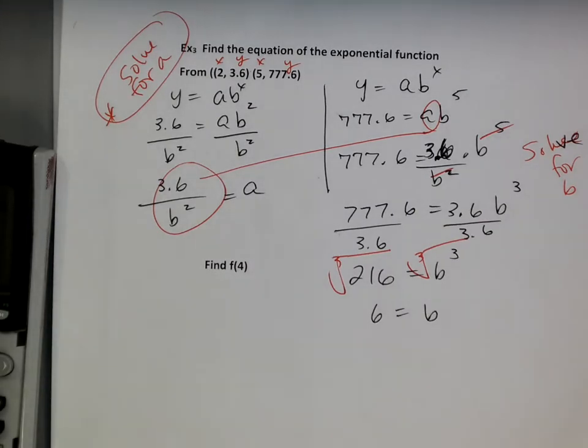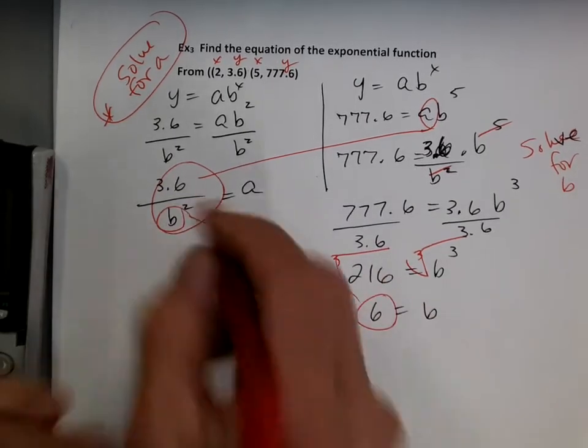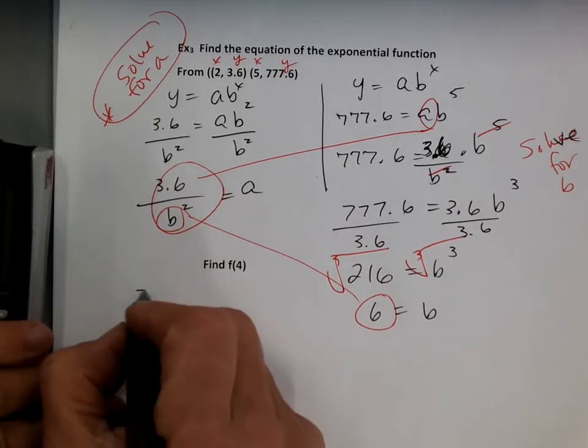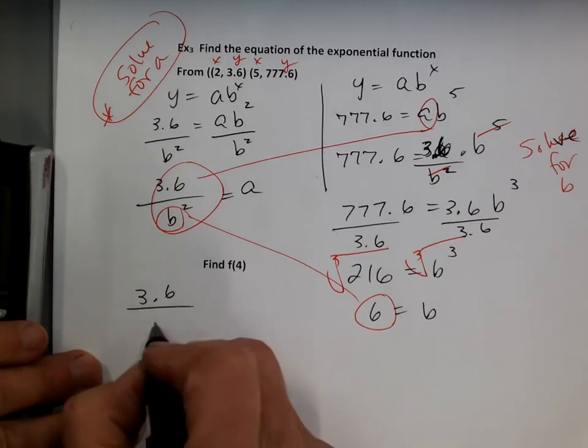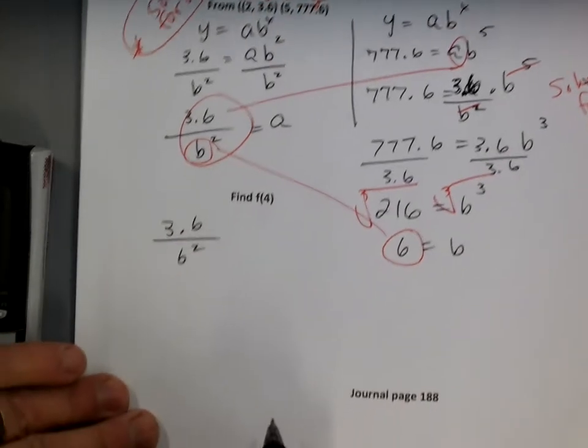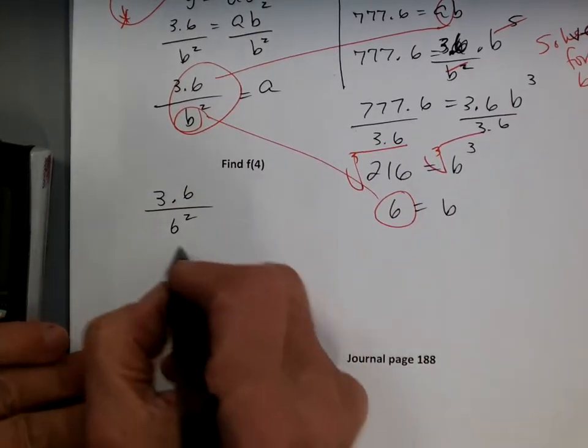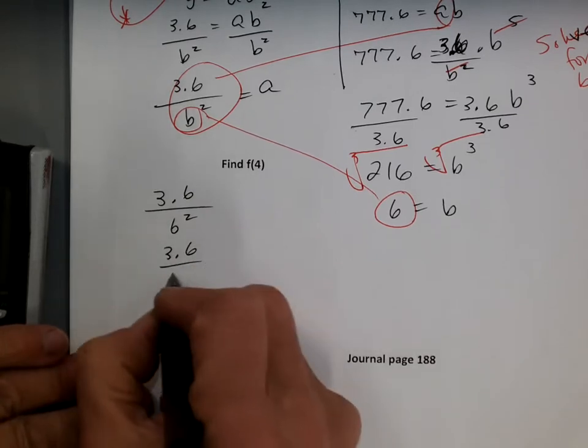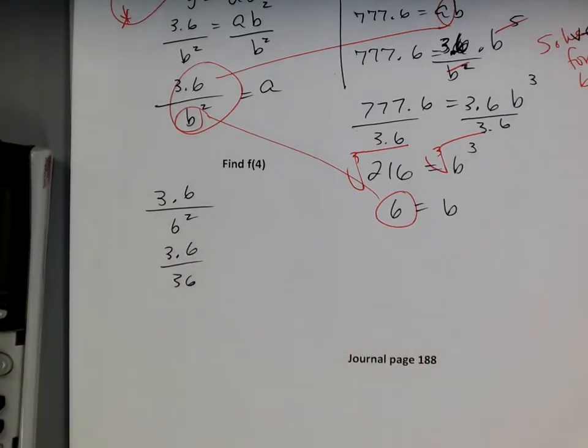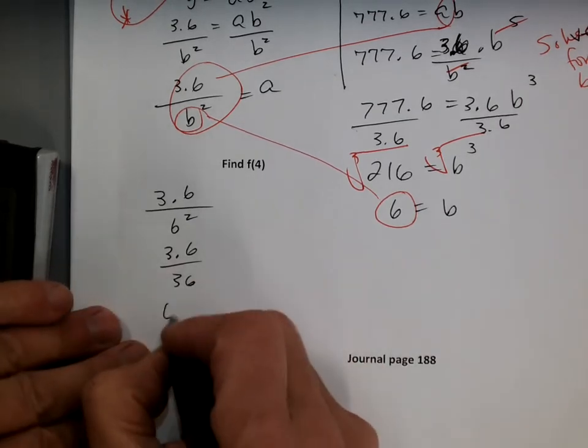Awesome. Now let's find out what a is. So take my 6, plug it right in there. Okay, so then I've got my 3.6 divided by 6 squared. That's 3.6 divided by 36, which should probably be 0.1. What do you think, huh? 0.1.